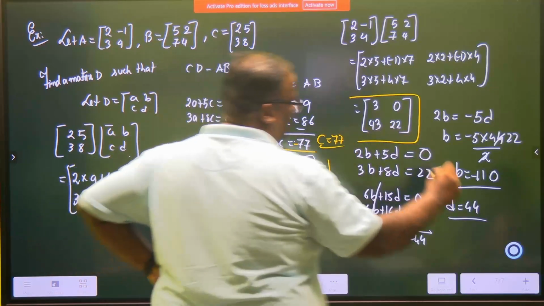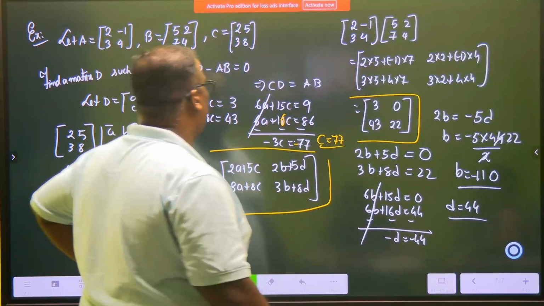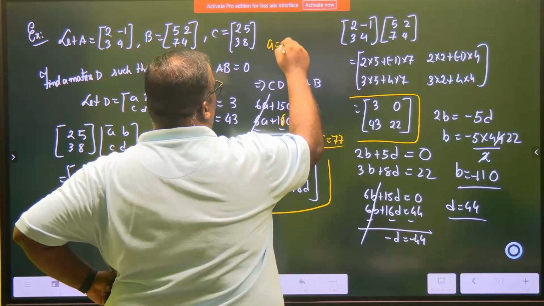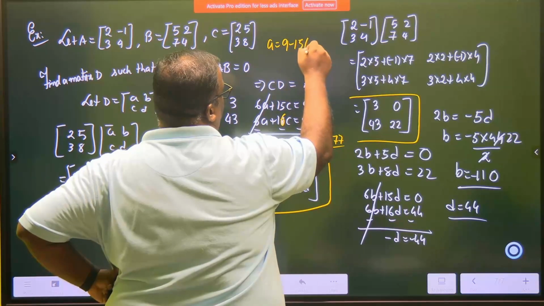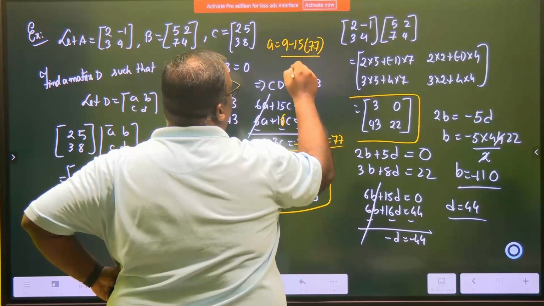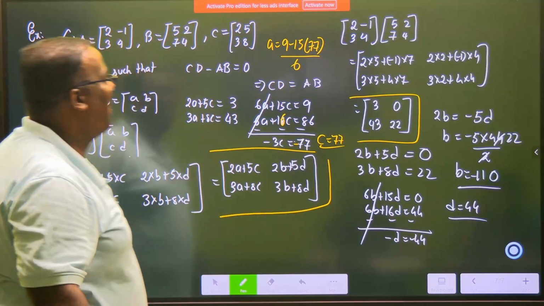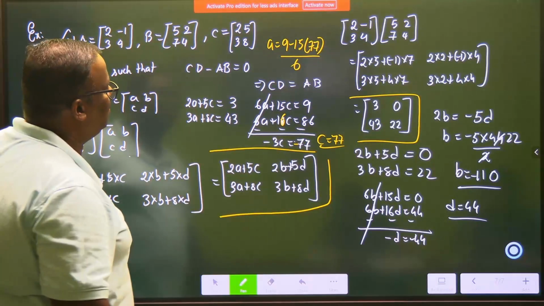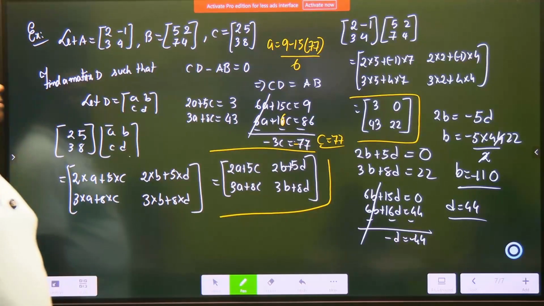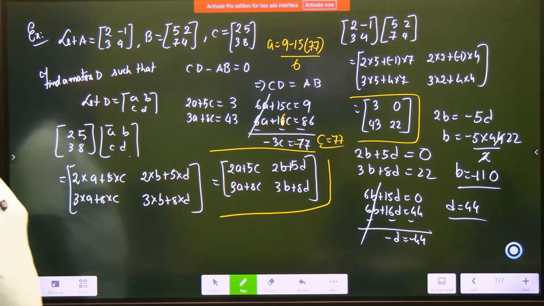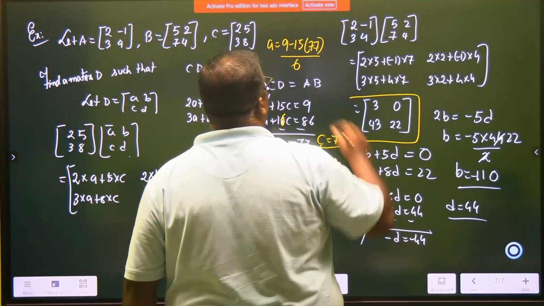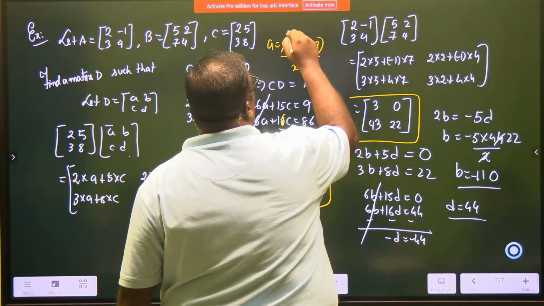Even this is fine. Now you need to find out the value of A. So A is equal to 9 minus 15 into negative 77, divided by 6. Make it small. If you take out 3 as common, this becomes 2, this becomes 3, this becomes 5.